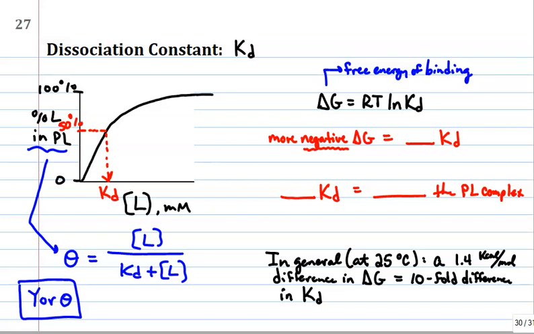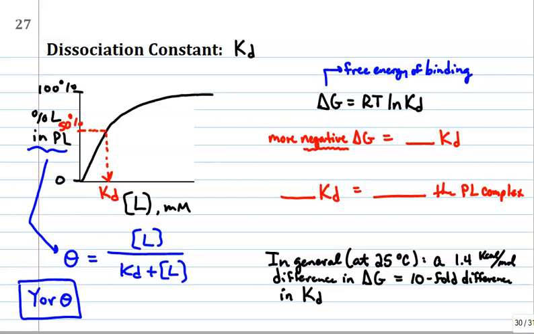You can plot percent ligand in protein ligand complex. Mathematically, that's the same as fractional binding, which can be defined as this. And so if you plot, for example, theta versus ligand concentration, you get a hyperbolic curve. Go to 50% or half binding, extrapolate over, hit the curve, come down, and you can get the binding constant.